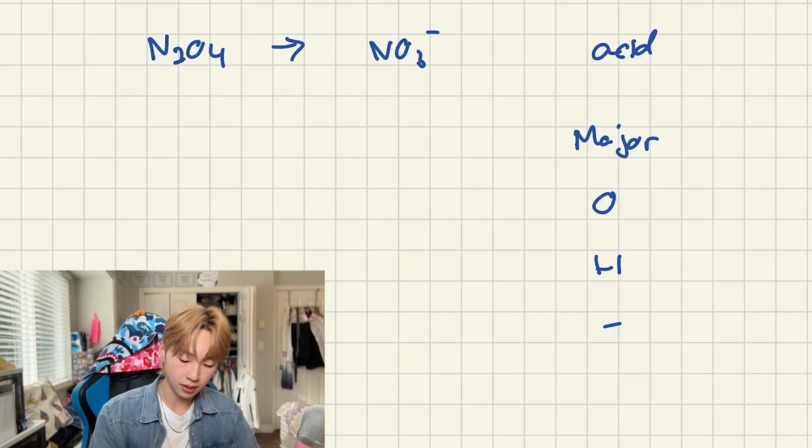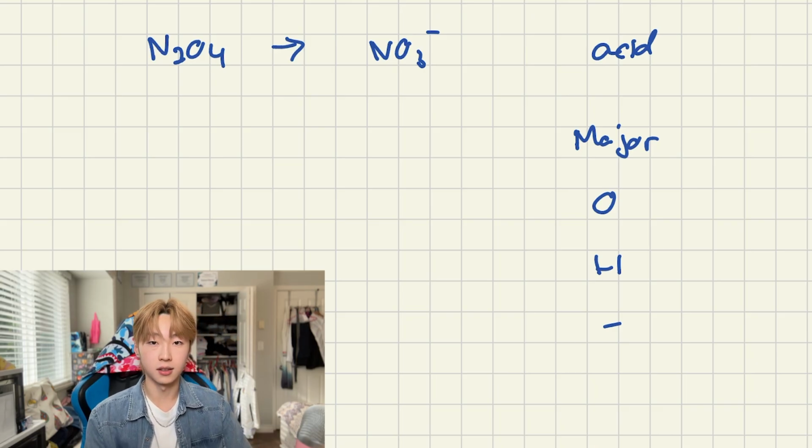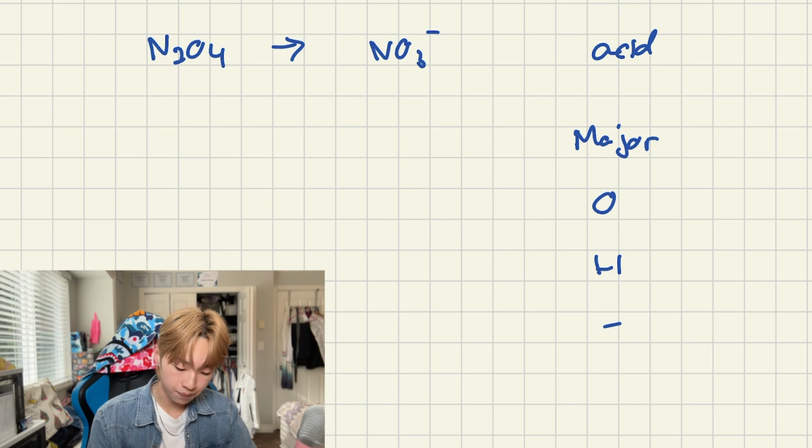We're just going to go down this list. Major stands for any major species that's not hydrogen or oxygen, and we can see that nitrogen here is a major species. We're going to balance that first.